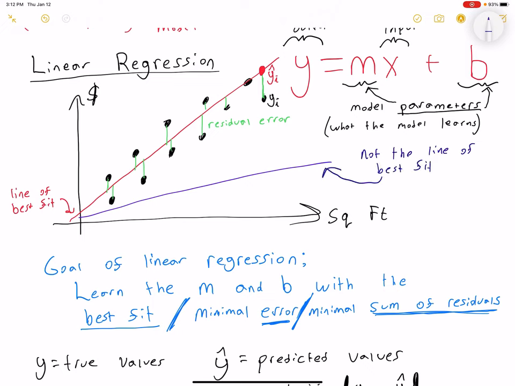So this is just an example of another line that could be learned in machine learning, but that would not be the optimal line to make predictions with the data from. Not the optimal model. Any other questions? It's all going to build from here.